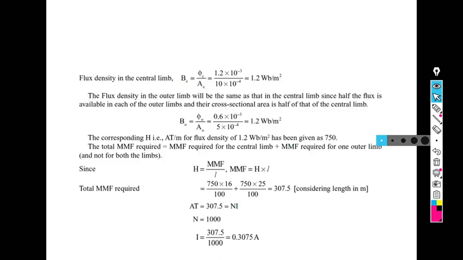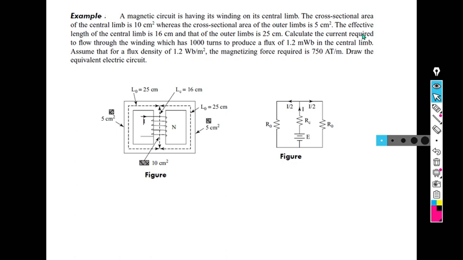Now, first the flux density of the central limb I can find out. I know the area, so what is the flux density? Phi c is given, the cross sectional area is given, and the outer limb lengths are given. Now the question is: calculate the current required to flow through the winding which has 1000 turns to produce a flux of 1.2 milliweber in the central limb.